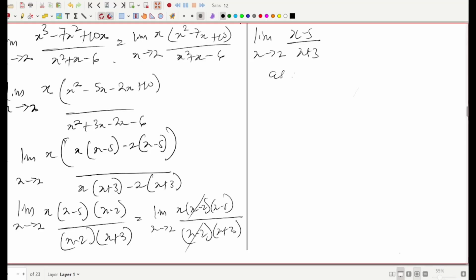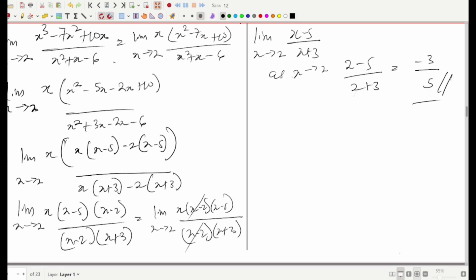So as x approaches 2, we end up with 2 minus 5 over 2 plus 3. Then we have negative 3 divided by 5. I think this was actually a nice example. Let us solve another example on this, then we end the class.